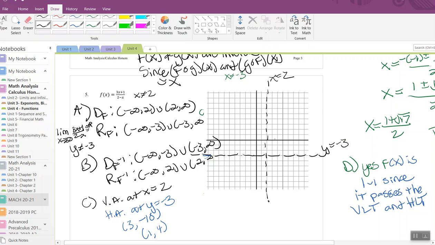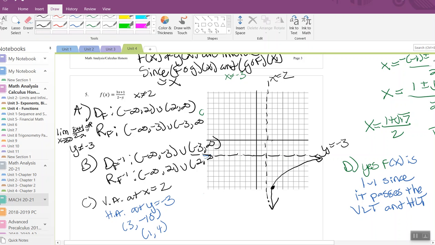Then when we put points in, like for example, if we put 3 in for x, 3 times 3 is 9 plus 1 is 10 over -1. So it's -10. So 3, -10 would be a point on the line. And it goes towards the horizontal asymptote that way and down towards the vertical asymptote. That's what the asymptotes do.